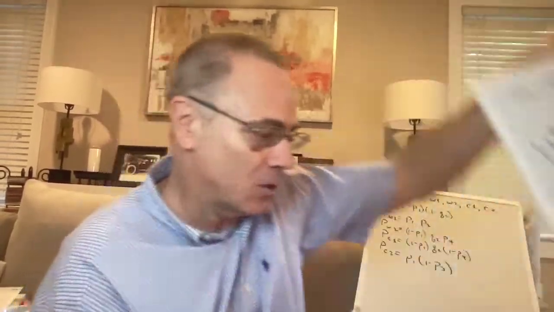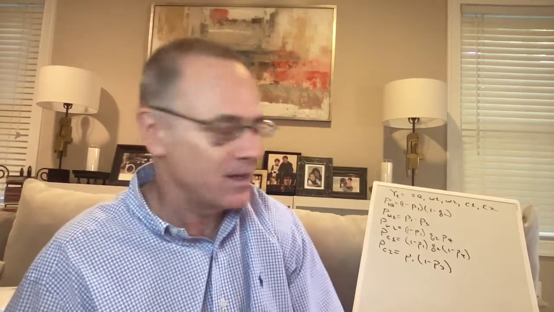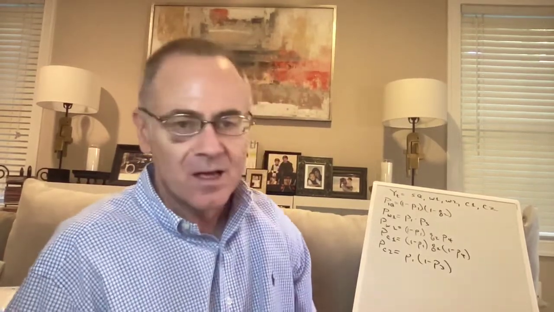Now we're going to make it a little more complicated in a second, but before I do that, let me add one more little thing that Signorino talks about. Anyway, let me stop right there and pause.